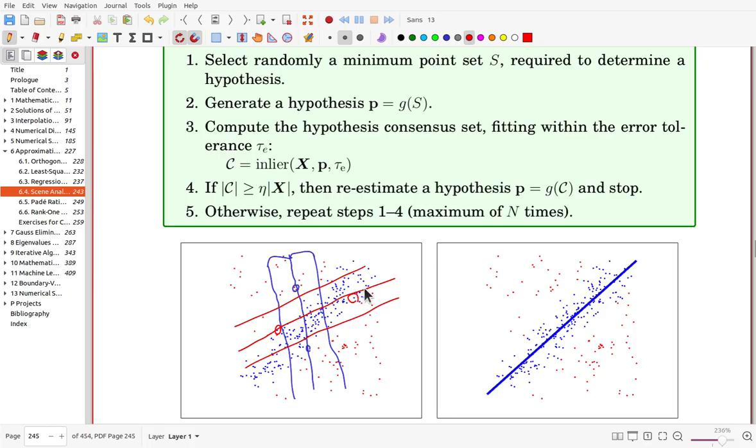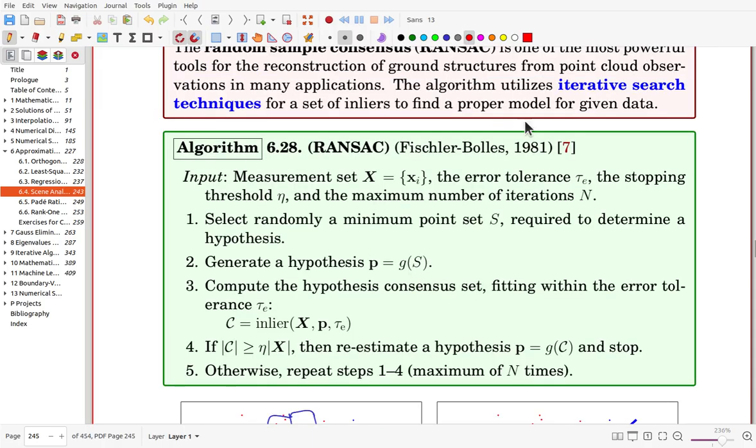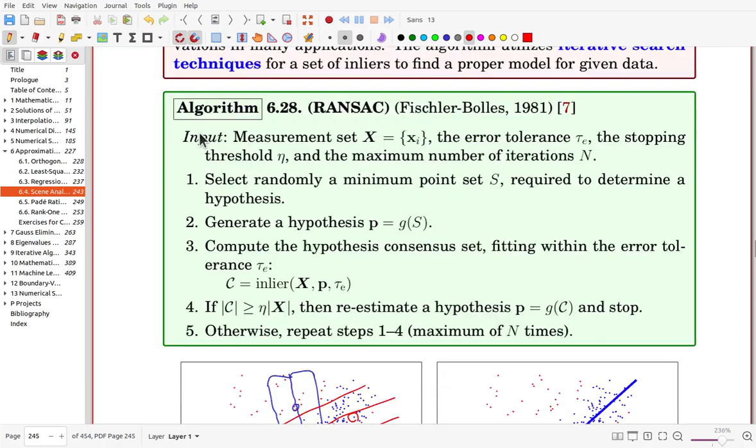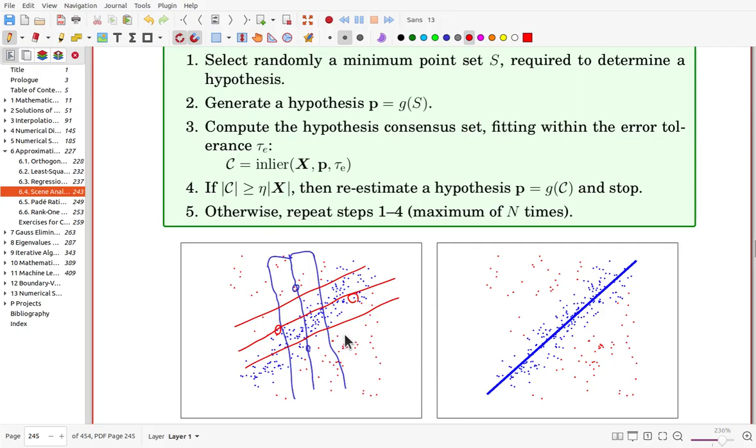Once the number of points for the red one is larger than for the blue one, we keep the result from the red one and keep going. We keep the larger one and discard the smaller one. This is a kind of iterative search technique, and once we reach a certain level, we stop.